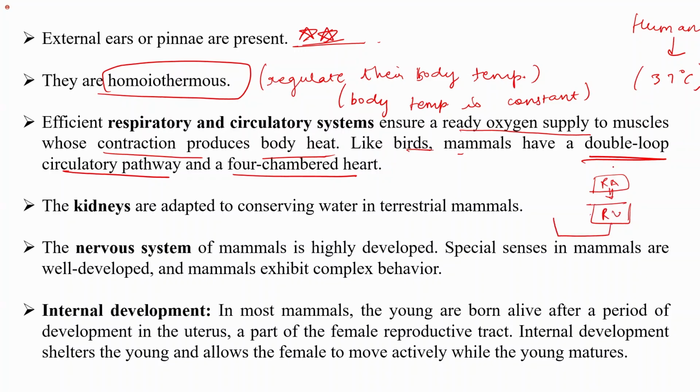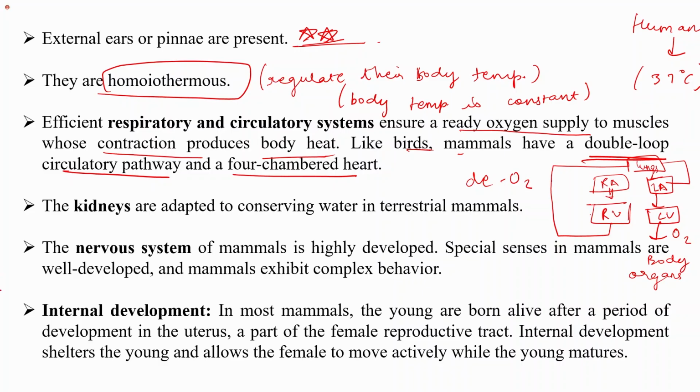From here, blood goes to the lungs. From the lungs, it again enters the left atrium, then the left ventricle. And this left ventricle supplies blood to the body organs. Oxygenated blood is supplied; deoxygenated blood is sent to the lungs for oxygenation.